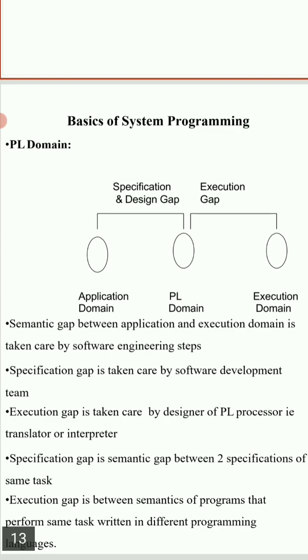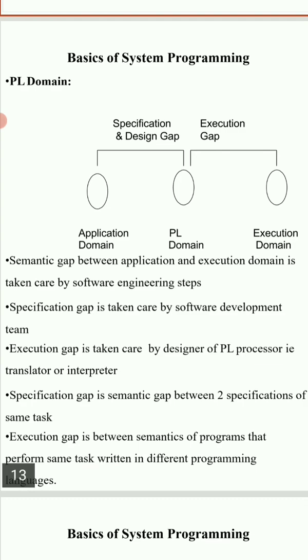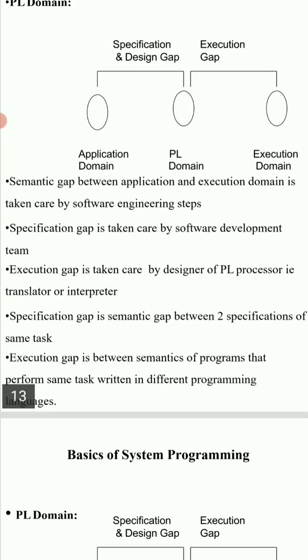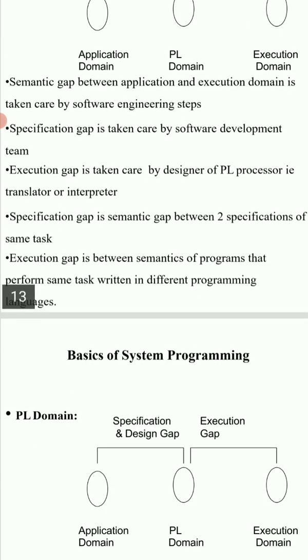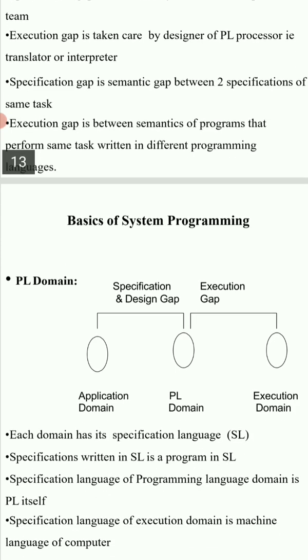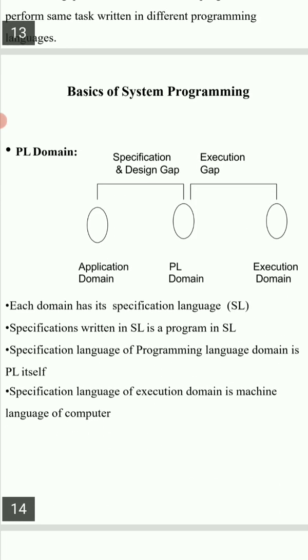The specification gap is nothing but the semantic gap between two specifications of the same task. The execution gap is between the semantics of programs that perform the same task but are written in different programming languages. So here we can see each domain has its specific language.